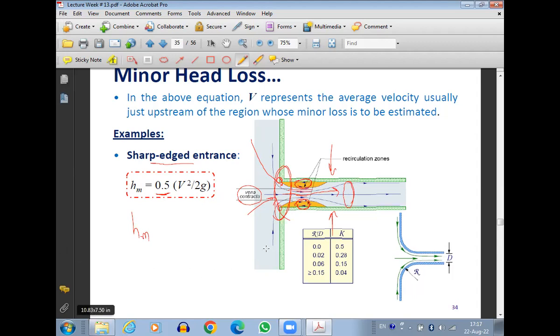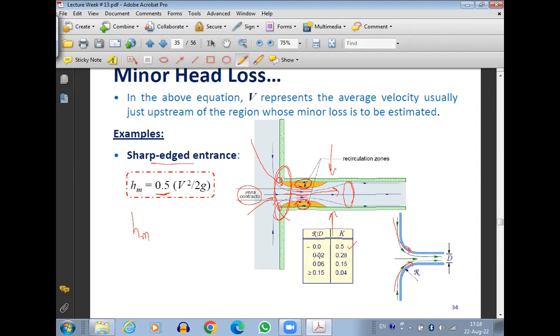The other case is if it is not a sharp-edge entrance, which means you have a specific curvature. If you have a specific curvature, obviously the minor head losses will become smaller. The largest will be for the case where the curvature is 0, which is R by D equals 0, the sharp edge, so the K value is 0.5.